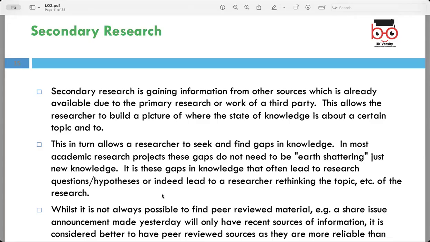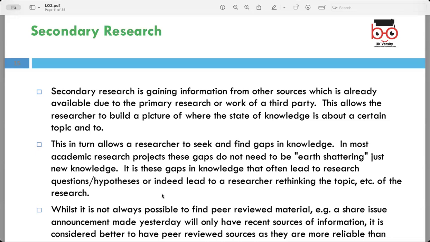This is where you gather secondary data from sources that already exist, like books, websites, articles, or reports. So you are not collecting new data, but instead using what's already available to build your understanding. Secondary research helps you understand what's already known about your topic.